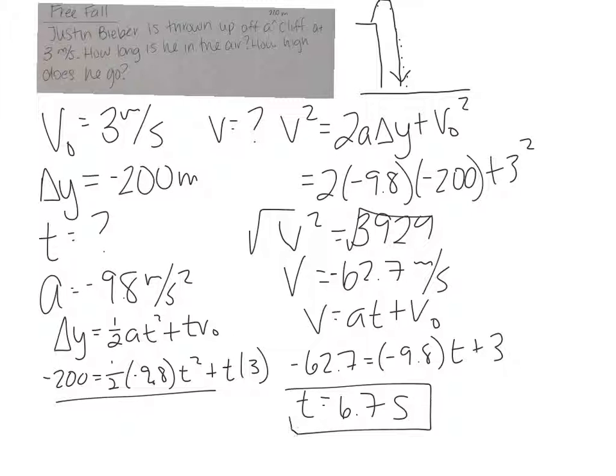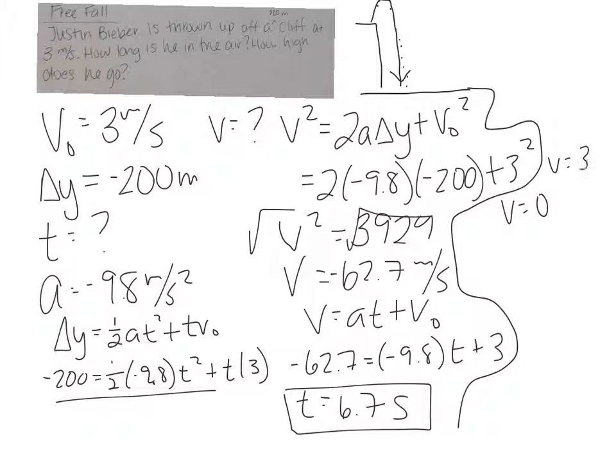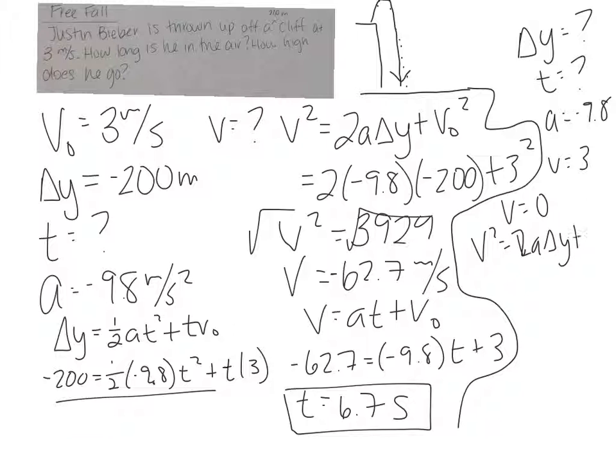That's a long time. All right, how high does he go is the second question. So I'm going to try and make room for this over here. How high does he go? At the top of his path, that's the neat point where we know that his final velocity is 0. His initial is still a positive 3, acceleration still negative 9.8. We don't know time, and we don't know how high he goes. So if they're just asking how high he goes, I'm going to use v squared equals 2a delta y plus v naught squared.